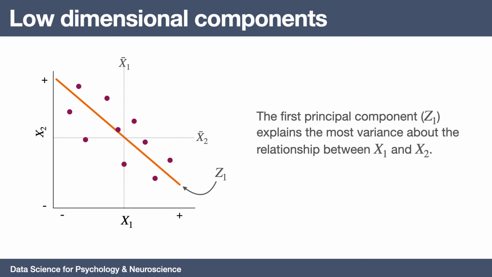It is orthogonal or perpendicular to the first. So together, z1 and z2 should explain the most variance, or all of the variance in your data. And actually, I take that back. It doesn't should, it does. The goal of PCA is just to learn these low dimensional projections and restate your data in this space.